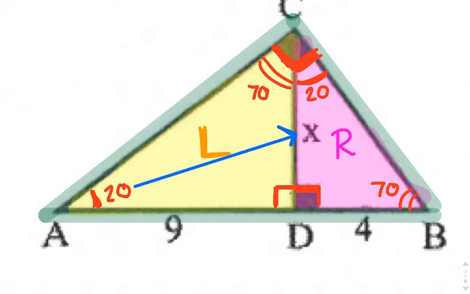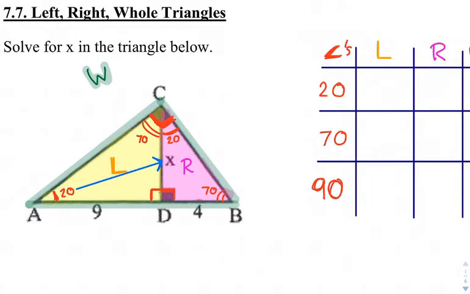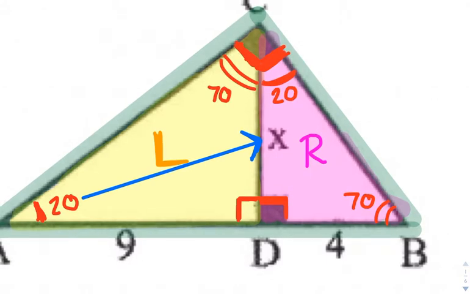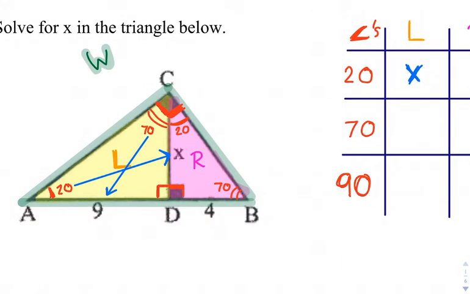Across from 20 degrees is my side length X. So I'm going to put X next to 20 in my left triangle column. Then I'm going to go on to 70. In my left triangle only, across from 70 degrees is the measure of 9. So that side length is 9. I'm going to put 9 in that box.